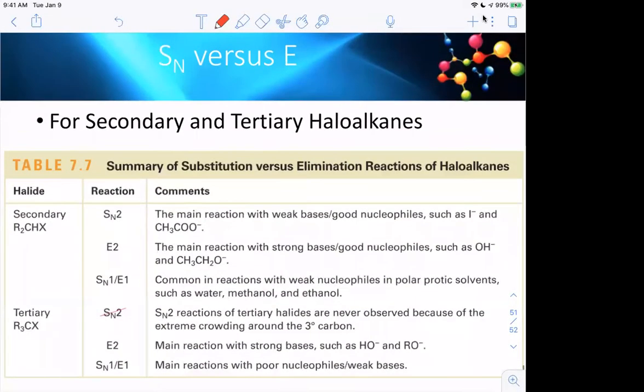Okay. Now, if I have a secondary alkyl halide, if I have a weak base, good nucleophile, such as I minus and acetate, all right, weak base, good nucleophile, I will get substitution. If I have a strong base, which is also a good nucleophile, so here's the difference.